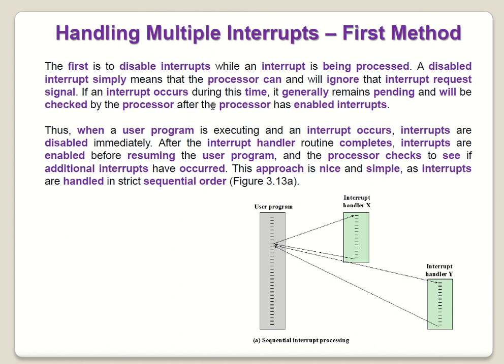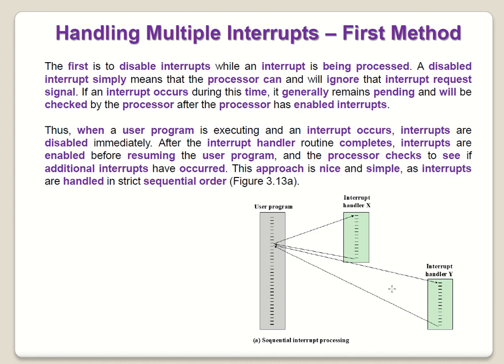If it is executing handler X and device Y interrupts the processor, it will ignore it. It will make this interrupt request signal pending. After finishing handler X, the processor will start the handler for Y.